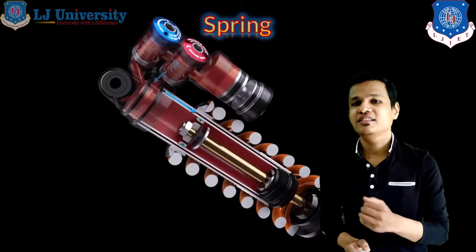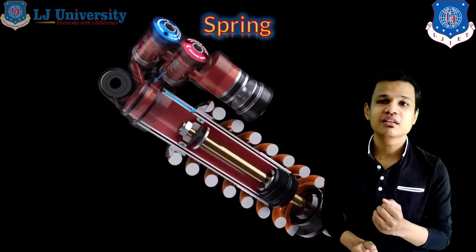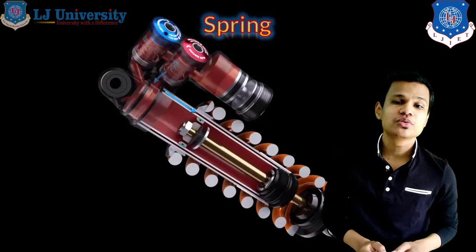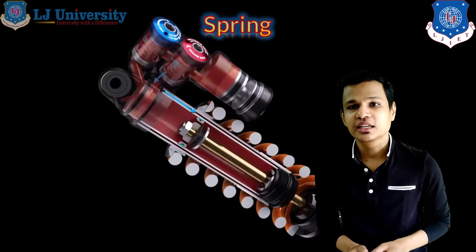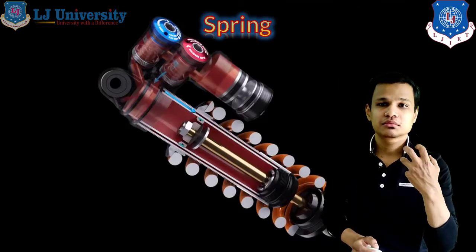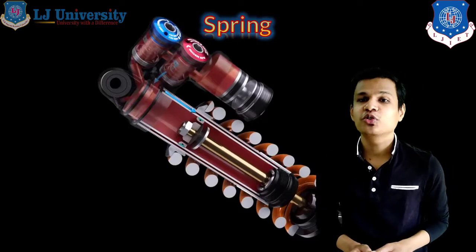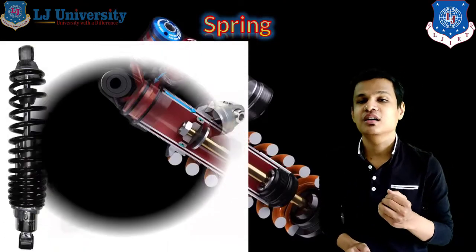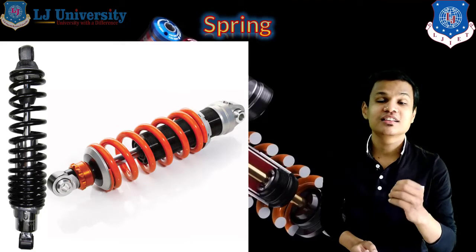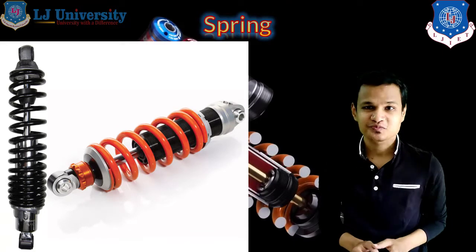The first one is the spring. How does the spring work? As I have told you, there are mainly different types of springs. In the case of four-wheelers, we have already discussed the spring known as the leaf spring.